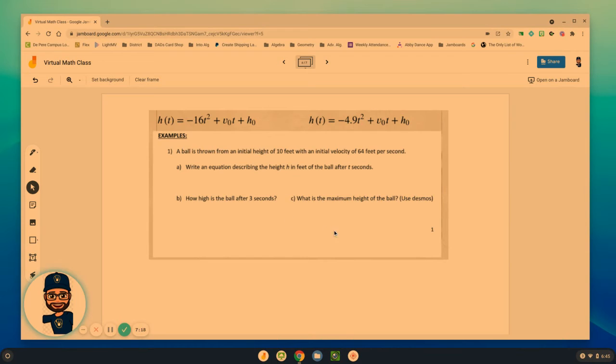The first element to decide is, are we going to use negative 16 t squared or negative 4.9 t squared? Remember, this is for feet and this is for meters, and they're telling us that it's in feet.